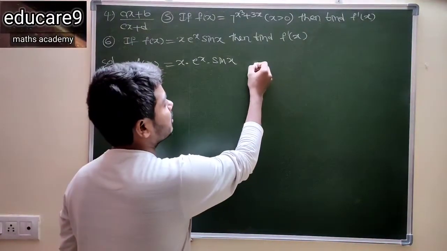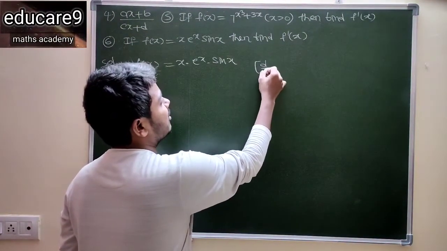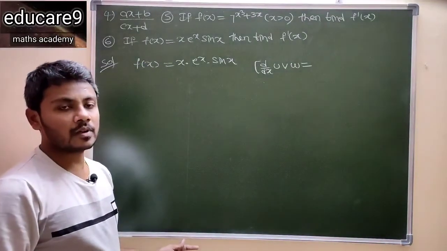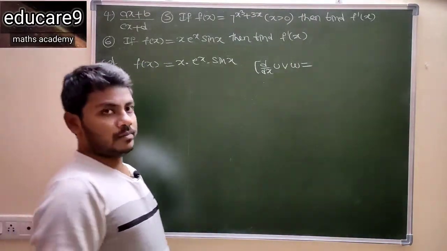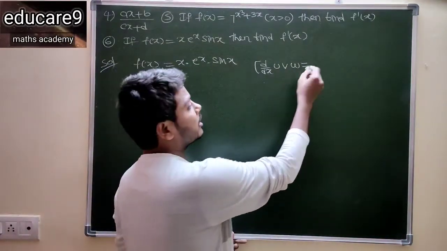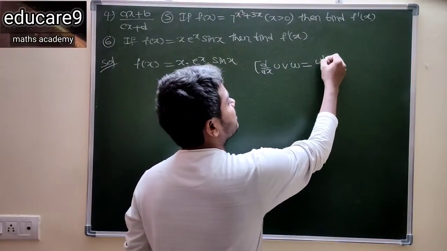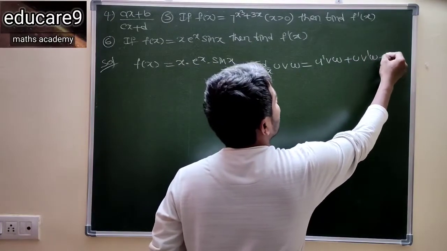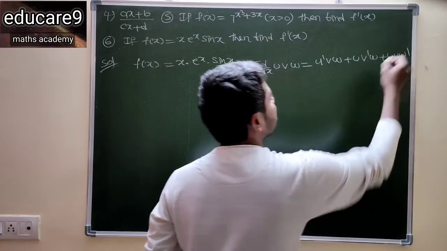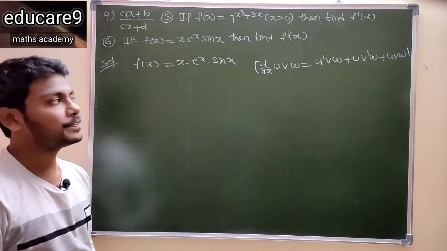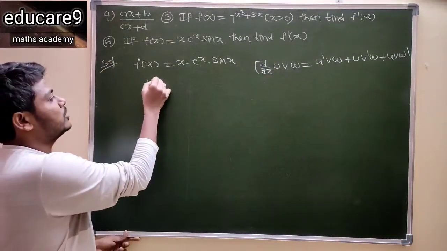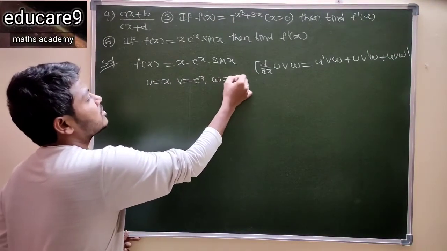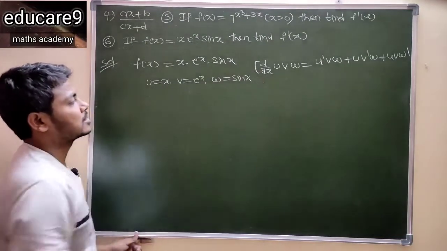See here you know that d by dx of uvw formula is u dash into vw plus u into v dash w plus uv w dash. Okay. Now clearly here u is equal to x, v is equal to e power x, and w is equal to what? sin x.